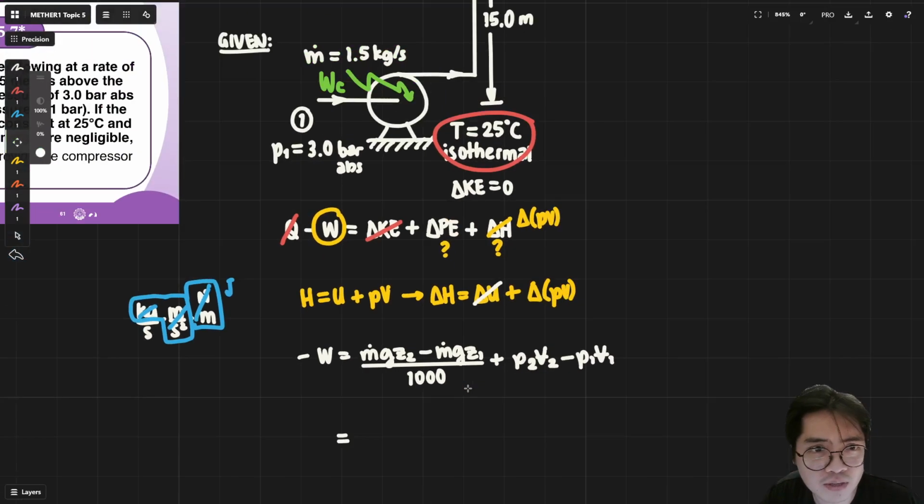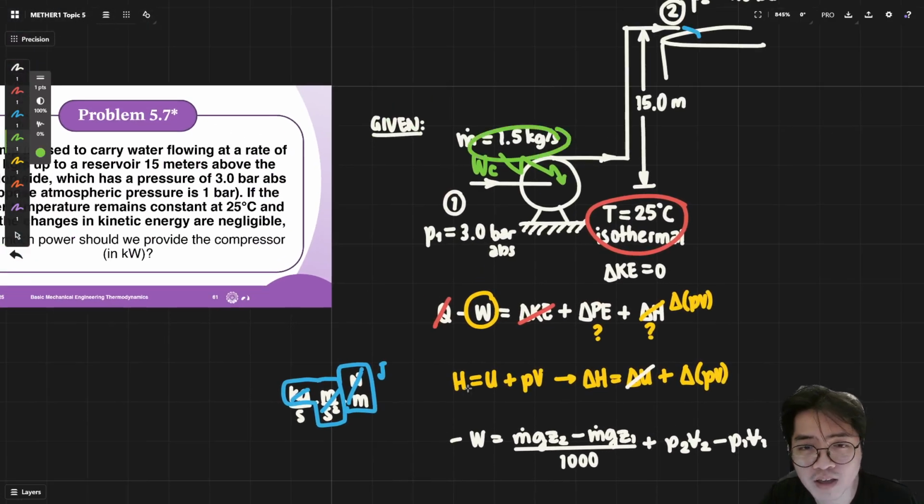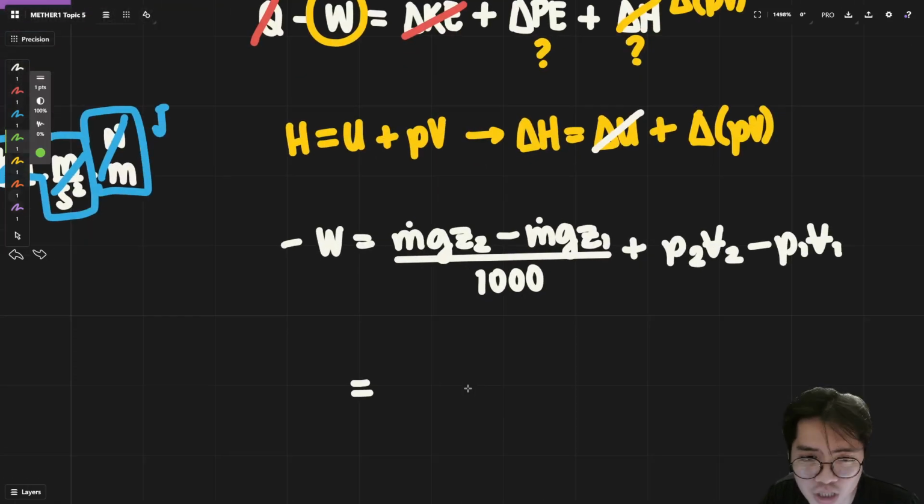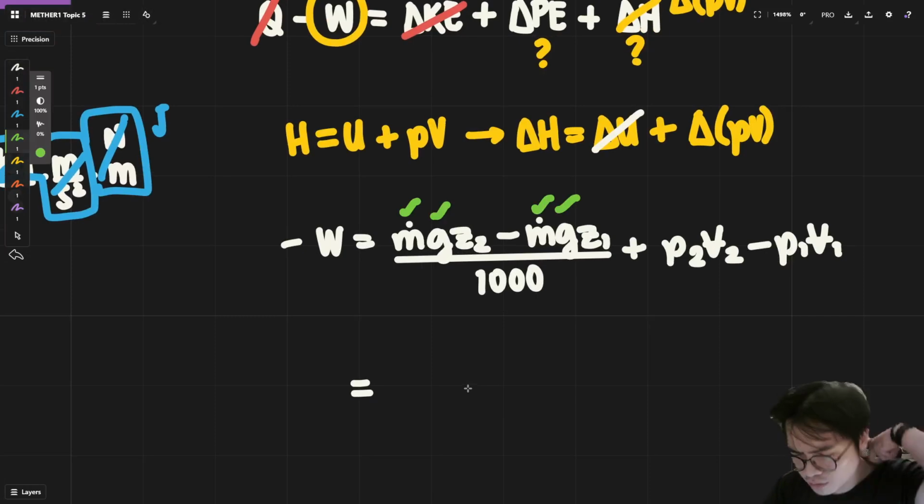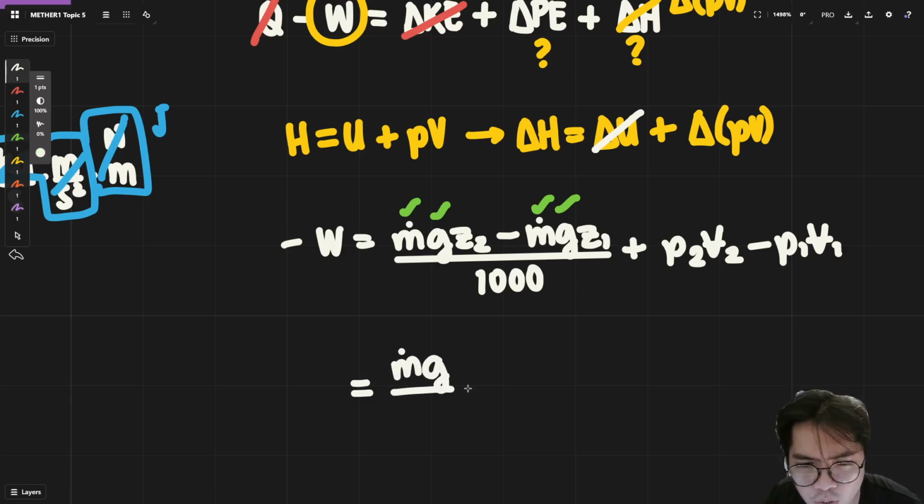M dot, we do have M dot, that is 1.5 kilograms per second. We have a G, of course, right? And the thing is, we don't have a value of Z2 or Z1, but when we smash them together, M times G over 1000, and then you will see in here, Z2 minus Z1, I know the relationship between state 2 and state 1.